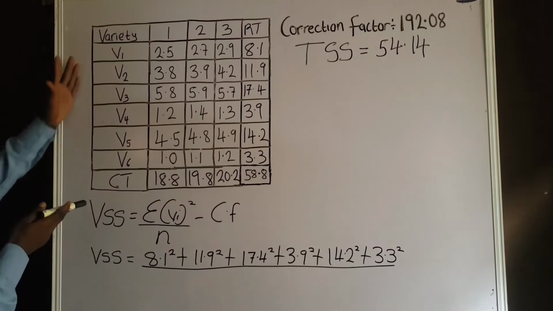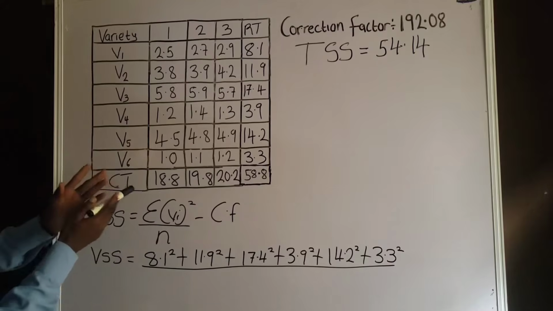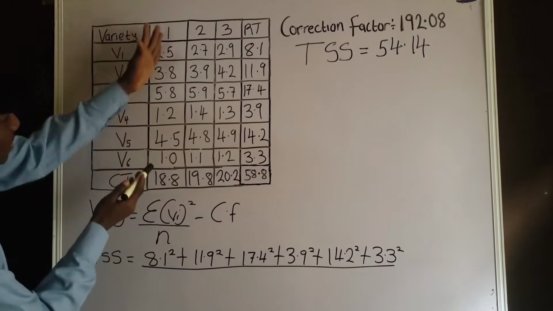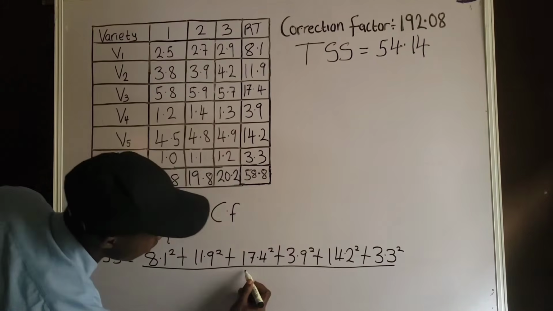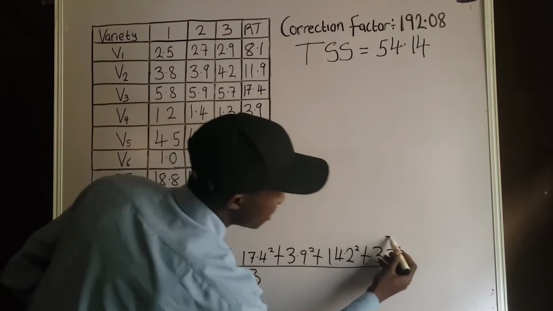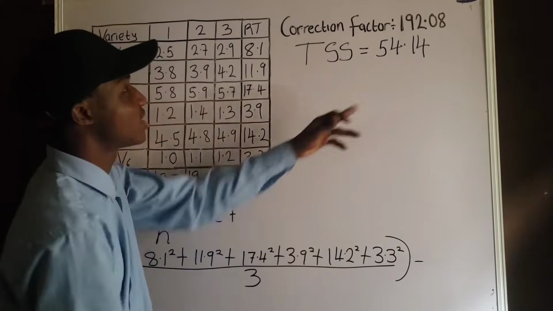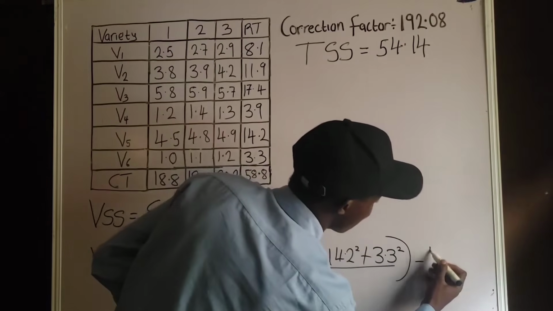From this question, each variety repeats 3 times, that is 1, 2, 3. So I'm going to have all over 3, minus the correction factor. Don't forget that the correction factor is 192.08.